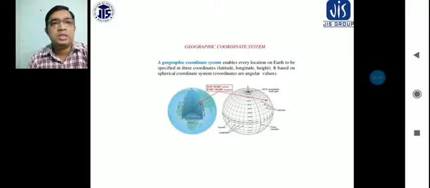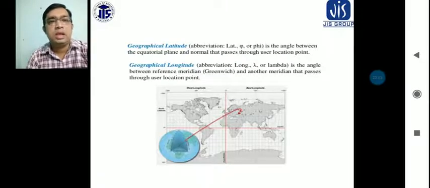This will be the spherical coordinate system here, and another thing you have to consider is the geographical latitude.